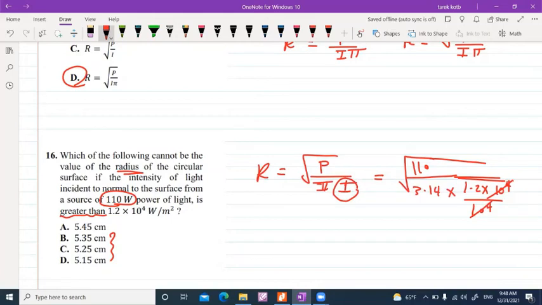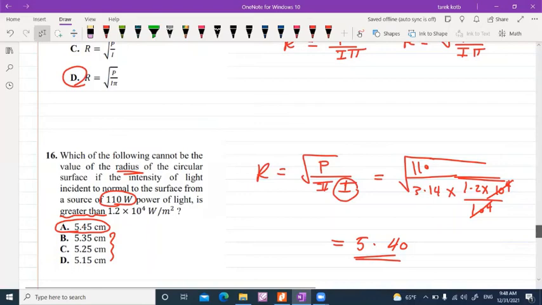So now it is 5.40. We say that cannot be greater, meaning this is the only number greater than 5.40, 5.45. This is number 16.